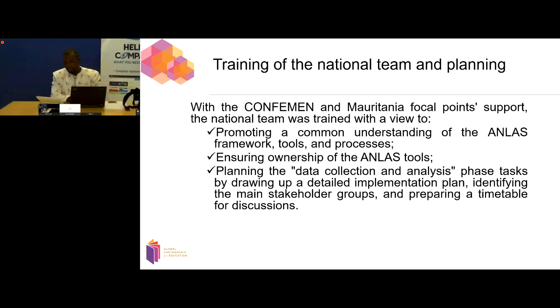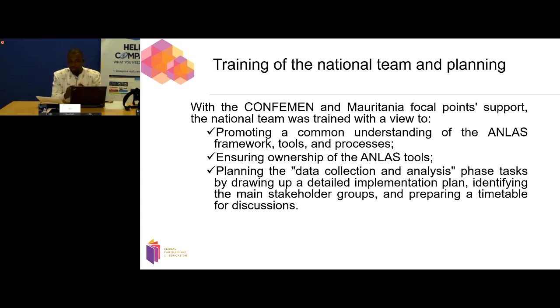After this first phase of information of all stakeholders that was implemented by the GPE, we had the training of the national team and the planning of activities that was done from end to end by the PASEC team with the focal point for Mauritania. This activity for the training of the national team had an objective to have the common understanding of the framework, the tools, and the objectives of ANLAS.